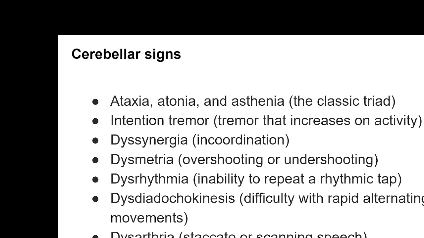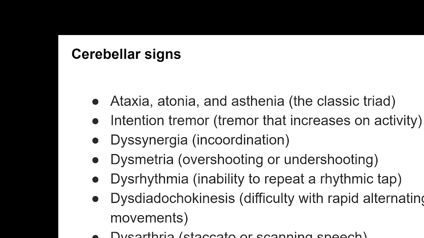Tremors, which could be intention tremors that increase on activity, or dysynergia where there is incoordination. Dysmetria is overshooting or undershooting where the patient is not able to control the movement at the proper level. Dysrhythmia where the repetition of a movement in a rhythmic tap is not possible, a rhythmic pattern is not possible.